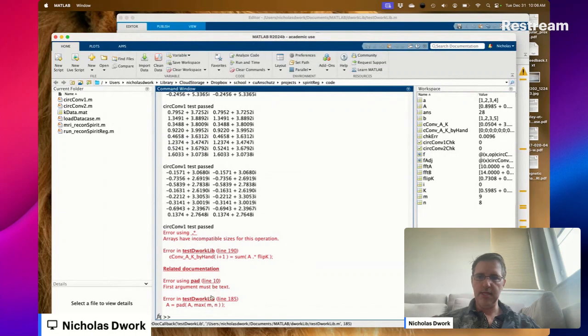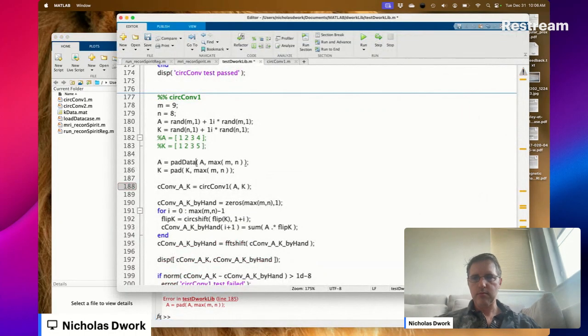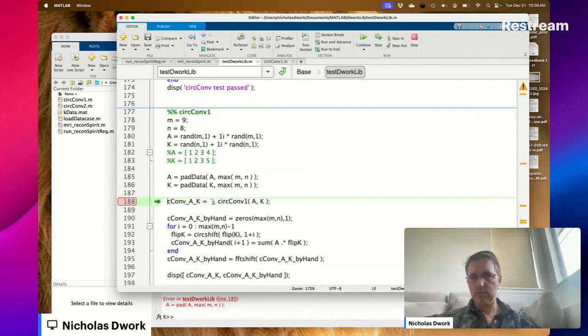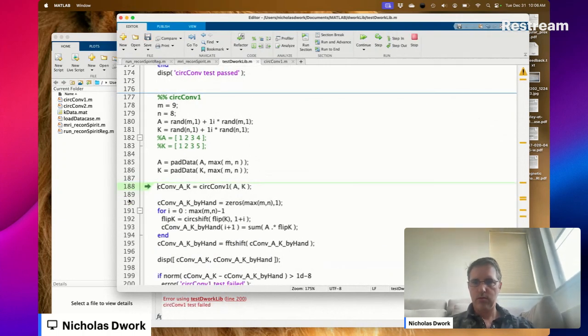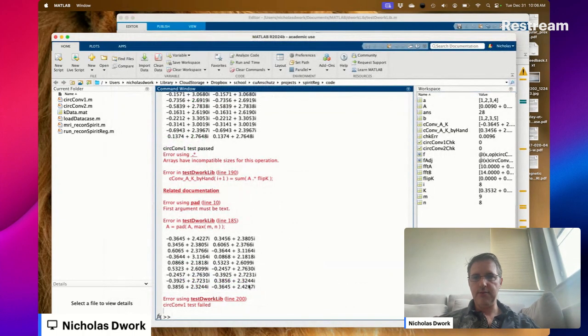First argument must be text of pad. I see. Convolution test failed. It's off by 1.